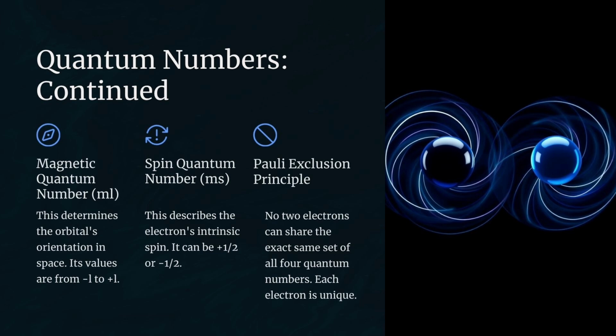It explains why electrons fill orbitals the way they do and why atoms have the chemical properties they do. Therefore, the four quantum numbers, the principal, angular momentum, magnetic, and spin, completely define the state of an electron within an atom, ensuring that each electron occupies a unique quantum state. This is a key concept in quantum mechanics and is essential for understanding chemical behavior.